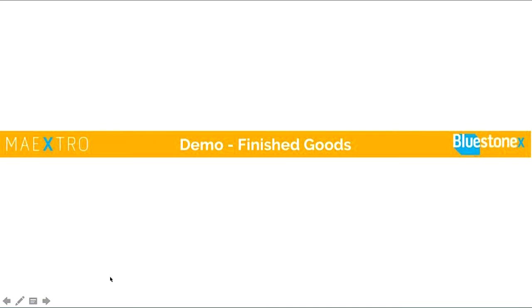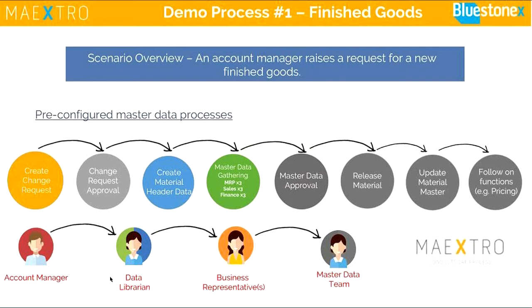Right, okay, on that note, we're going to show you finished goods, but you can apply the same principles to any kind of material master, okay? The scenario we're going to run through today is an account manager creating a request. In this case, it's going to be Ferrells. That request is going to come through to be approved.